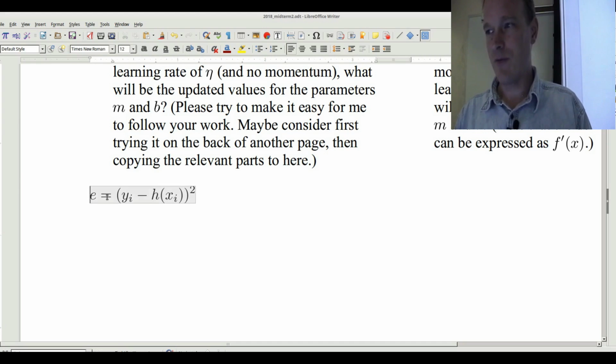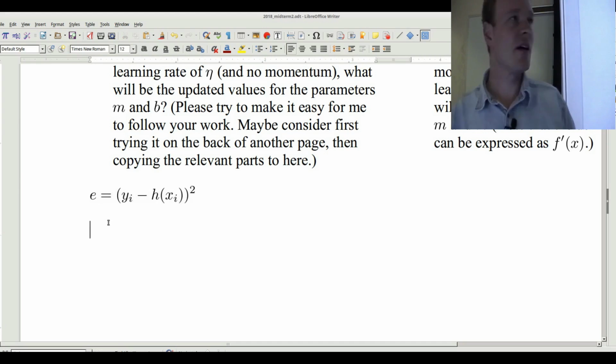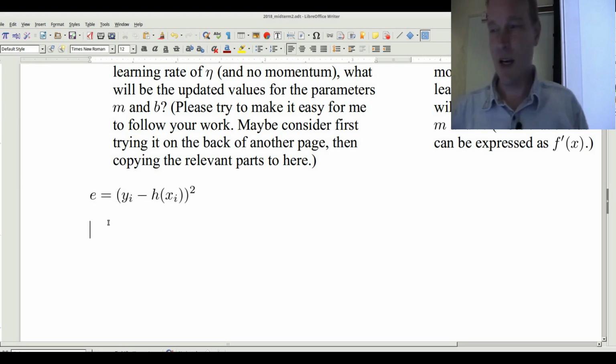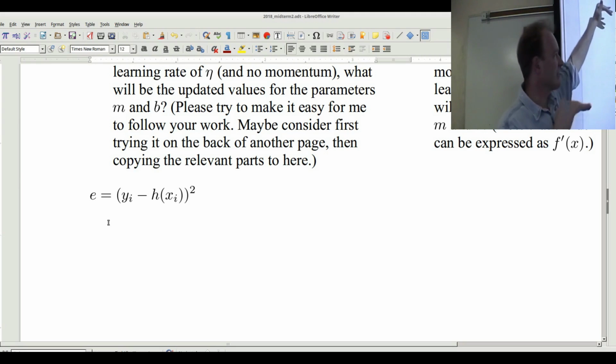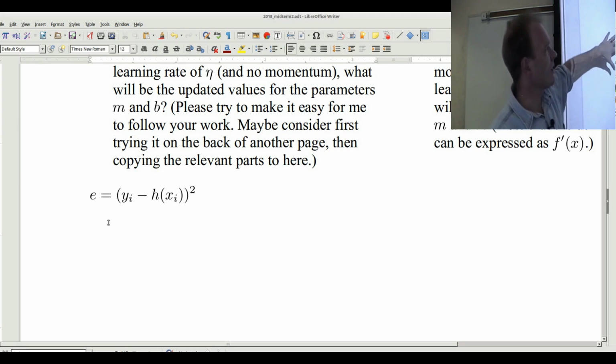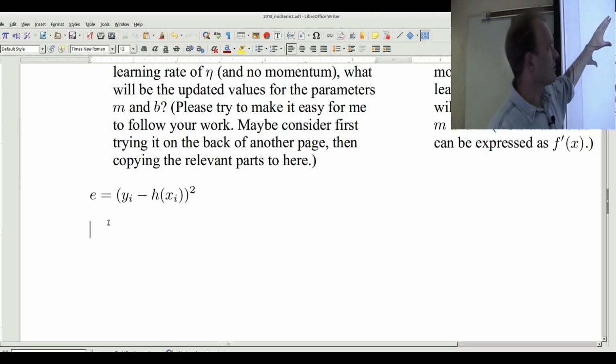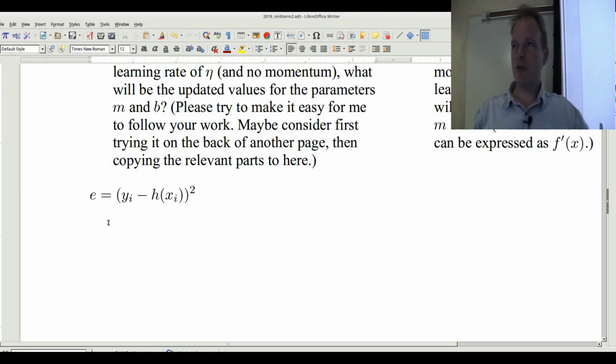This is the function we're trying to minimize. This is the overall objective function. And what we do is we differentiate it so we can descend the gradient of that function, meaning backpropagation will compute how, if we change the weights, it will reduce our overall error function. From that, we'll derive what to assign as blame to the output units. This is not the blame on the output units.